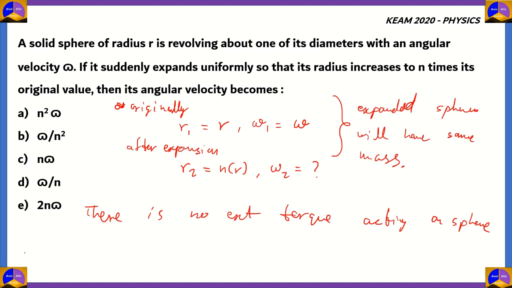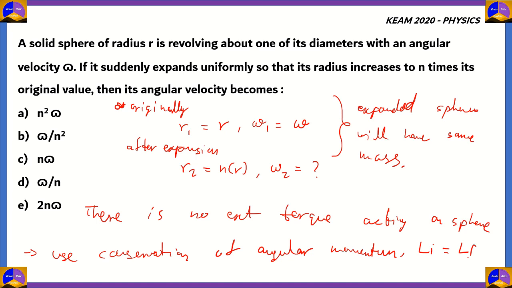So what we're going to do is use the conservation of angular momentum. Basically, that means initial angular momentum is equal to final angular momentum. So therefore, I1 times omega 1 equals I2 times omega 2.